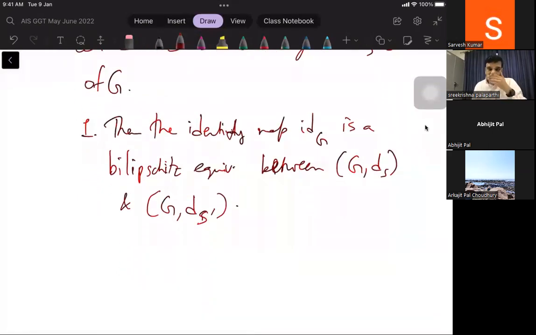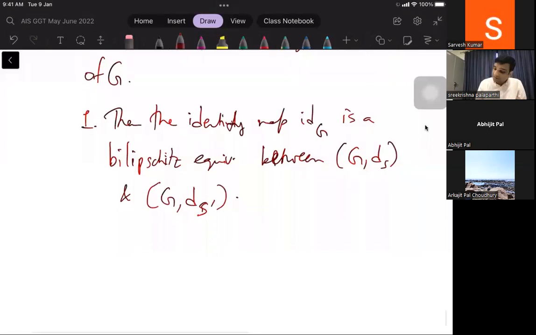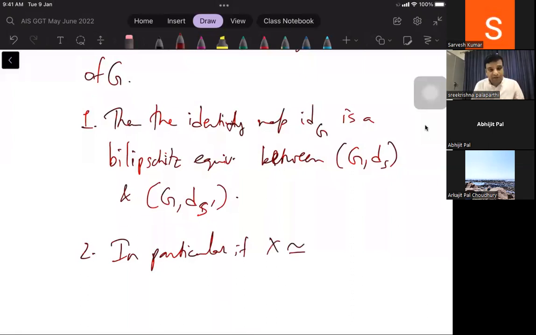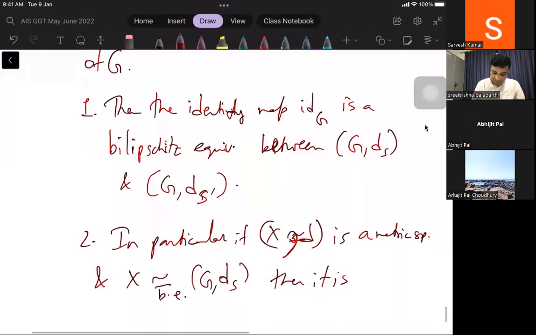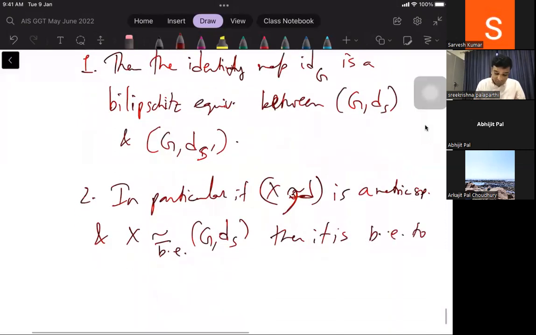So those two will be bi-Lipschitz equivalent. Okay, so in particular, if X is a metric space, and X is bi-Lipschitz equivalent to (G, d_S), then automatically it is also bi-Lipschitz equivalent to (G, d_S prime).